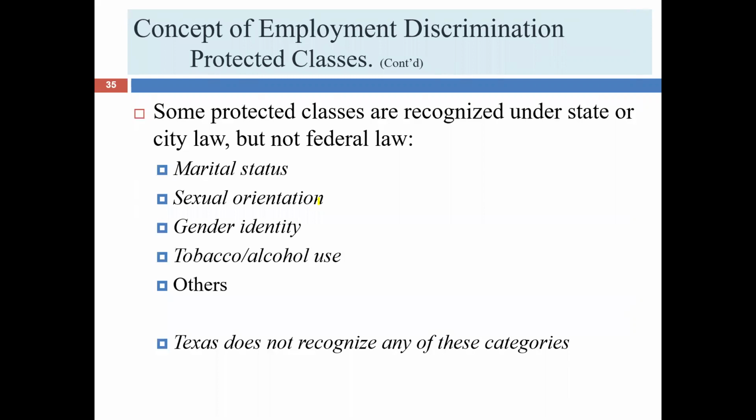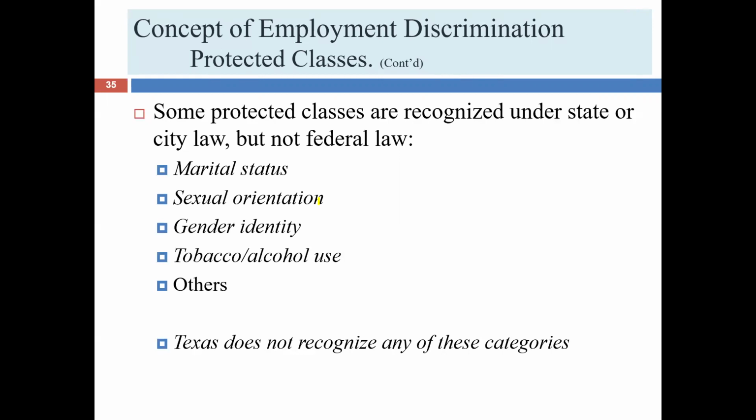Now, I say that, but Title VII does not explicitly cover sexual orientation. Some courts have said, well, we ought to reinterpret the term gender to cover gender identity and sexual orientation. So far, that has not been successful in front of the U.S. Supreme Court, and it hasn't been successful in the Fifth Circuit, which is the appellate court that covers the states of Texas, Louisiana, and Mississippi.